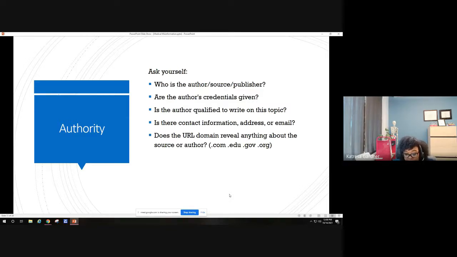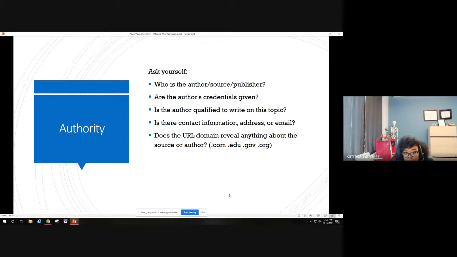.edu, that's an educational domain. The purpose is typically to teach, inform, or present research. And also .org, that's organization. The purpose may be to inform or present research, but it is frequently used to sway opinion or recruit support as well. So you definitely want to evaluate the URL domains of the information that you're looking at.